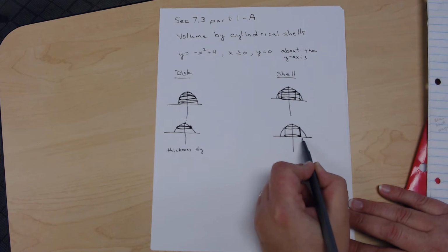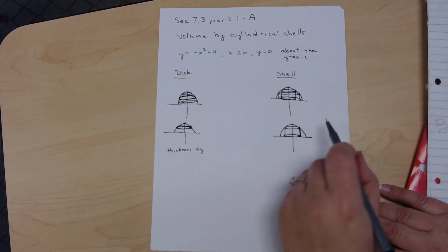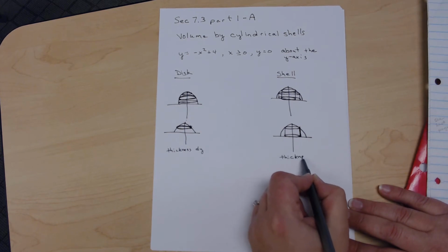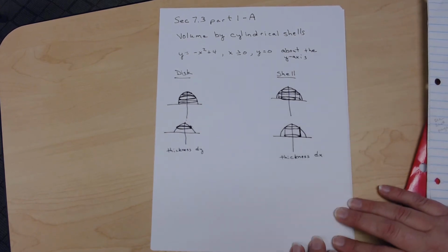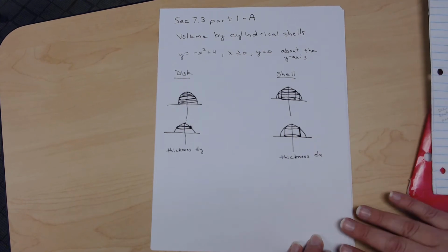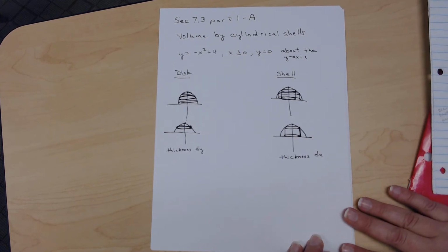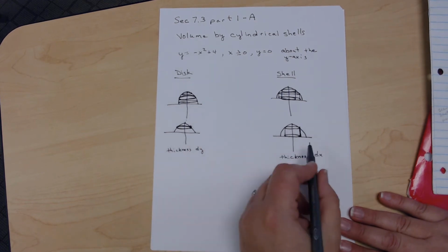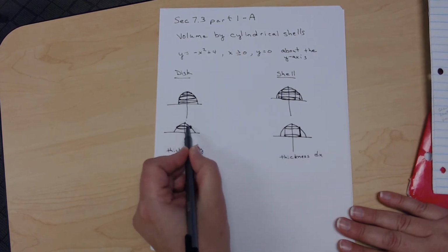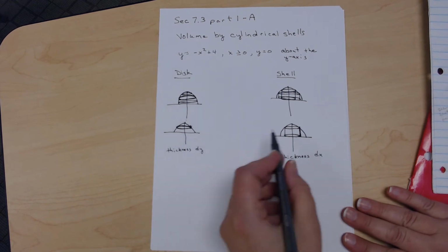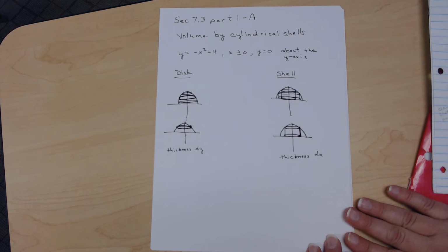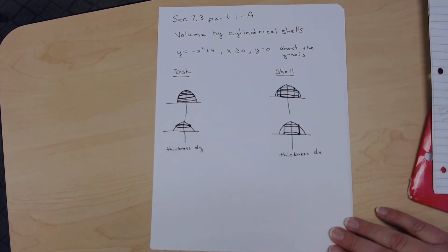Even though we're going about the y-axis, its thickness is dx. So for this one it's a little bit different. Here, if we're going about the y, its thickness is dy. Here, the thickness of the cylinder is actually dx. So they're kind of opposite each other.